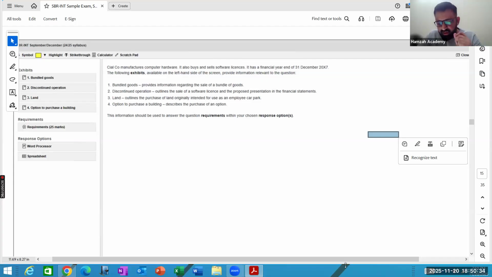First of all, look at the background. C company, computer hardware. It also buys and sells software licenses, and it has a financial year ended 31st December 2007. The following exhibits available on the left side of the screen provide information relevant to the question.